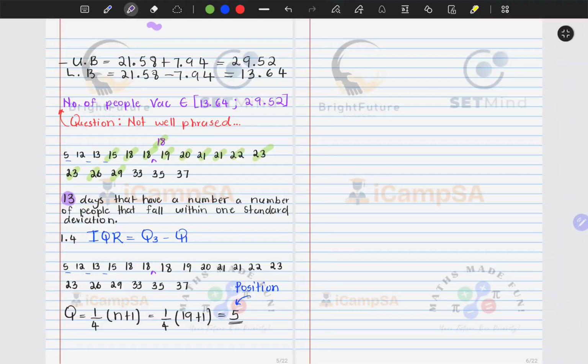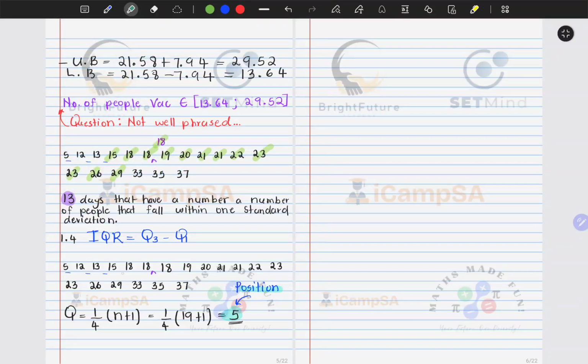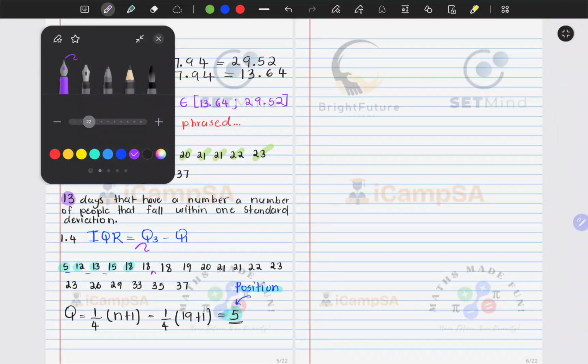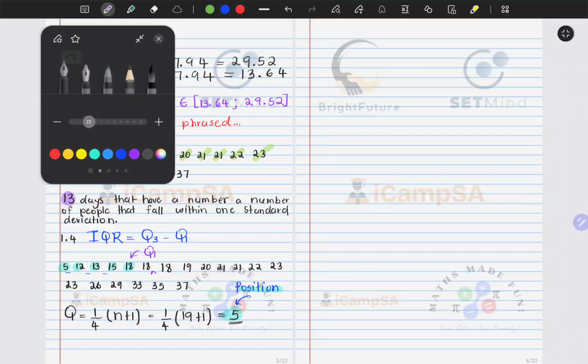What does this mean? It means I need to go and look for 1, 2, 3, 4, 5. So this here becomes our Q1. I hope that this does make sense.